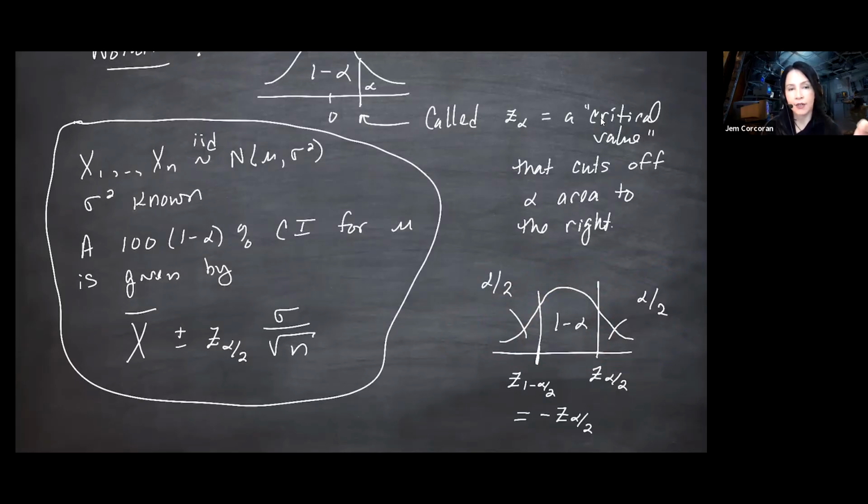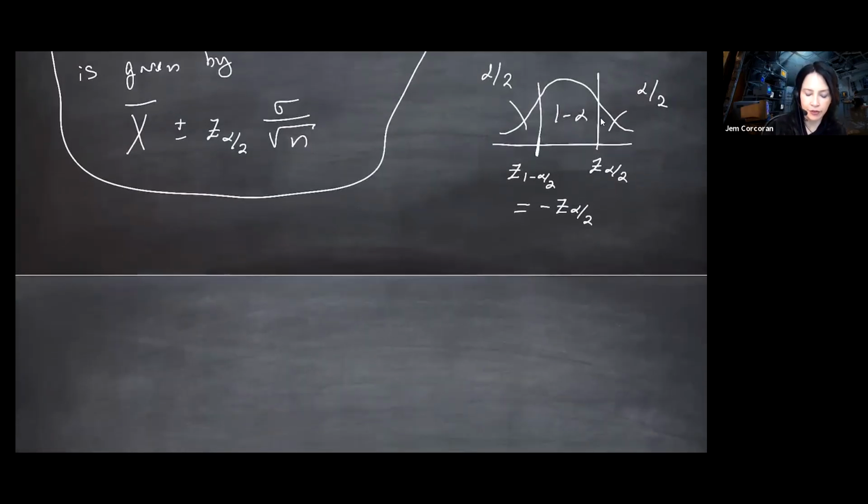I want to kind of stick with this normal setting, but suppose that, you know what, let me not stick with the normal setting. Let me just take a random sample. Here's another example. I'm going to take x1 through xn, IID, and I'm just going to write mu and sigma squared here. I didn't write the n.